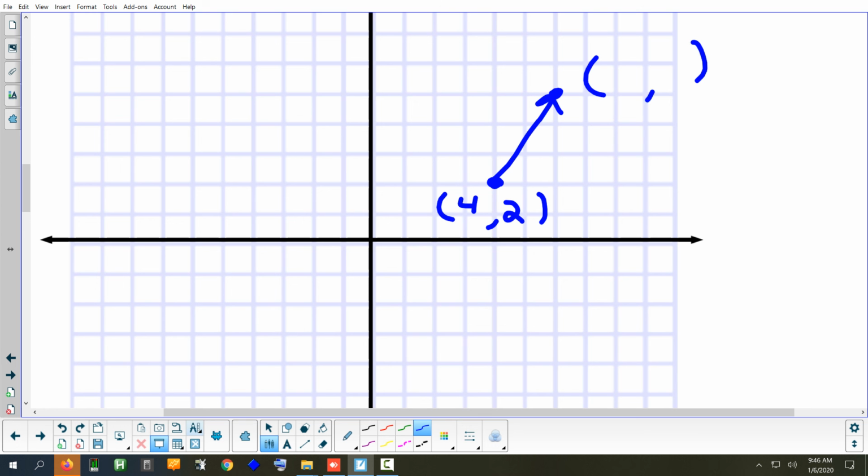And what's the coordinates of the terminal point? 6, 5. So what you might see on a test is something like the coordinate of an initial point is 4, comma 2. The coordinate of the terminal point is 6, comma 5. Find the position vector. Okay.